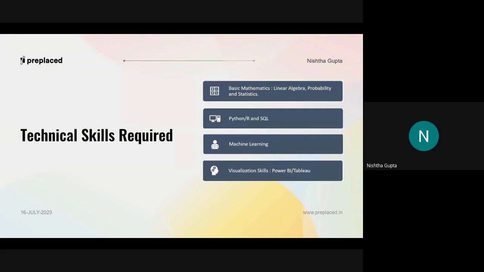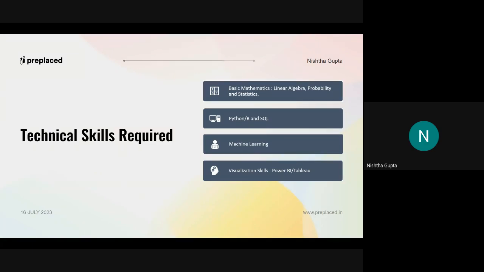Next is the visualization tools, right? As I already mentioned, most of the product managers or the clients don't really understand the code side or the technical side of things. What they understand is some sort of storytelling, some sort of visualizations, right? So we have certain visualization tools, such as Power BI and Tableau.